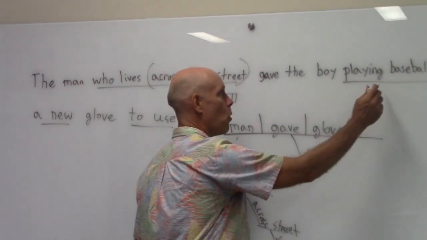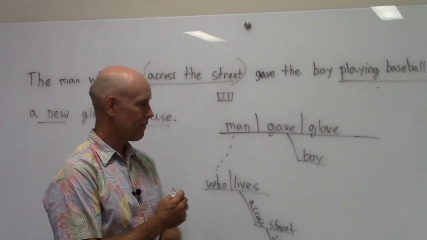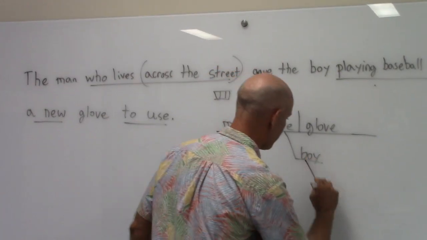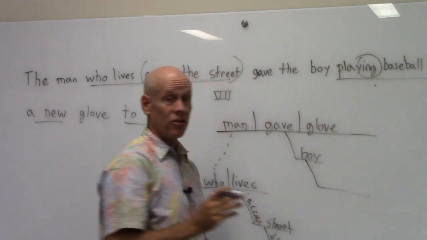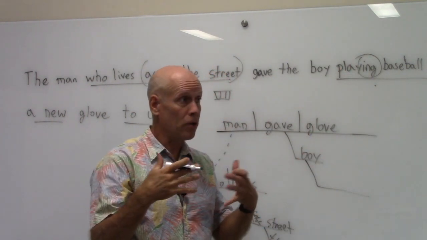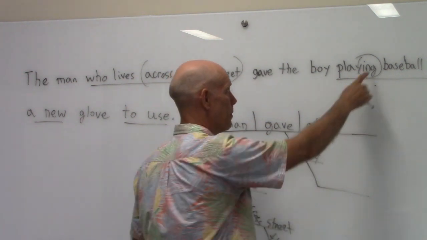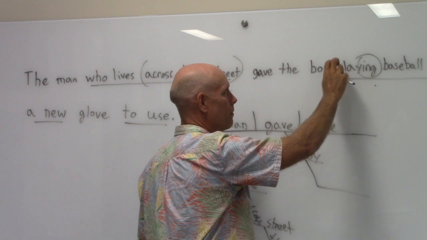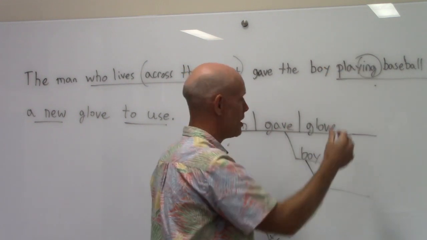Okay, which boy are you talking about? We're talking about the boy who's playing baseball. Okay, so that's your adjectival participle phrase. You have an ing, so your impulse is going to be, wow, that must be a verb. Why is it not a verb? Because there's no B in front of it, right? The B plus ing makes it a verb.